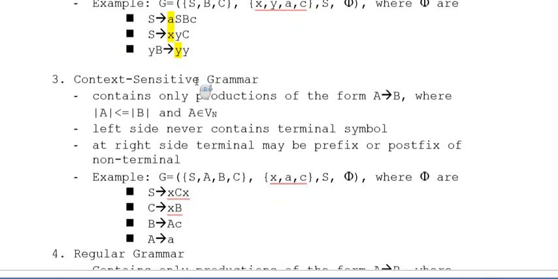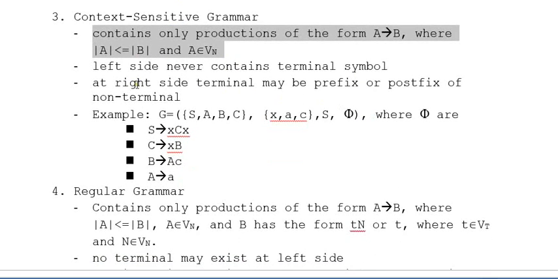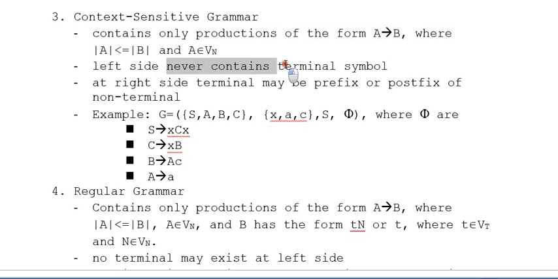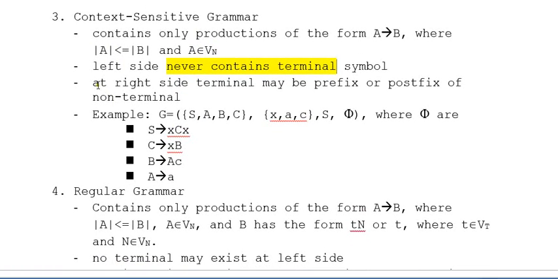Now moving on to the next, context-sensitive grammar. Those rules are always ready for all the grammars, and in the second line we can see that the left side never contains a terminal. That means the left side cannot have terminal symbols. If the left side has terminal symbols, it cannot be a context-sensitive grammar. Now, on the right side, terminals may be prefix or postfix.